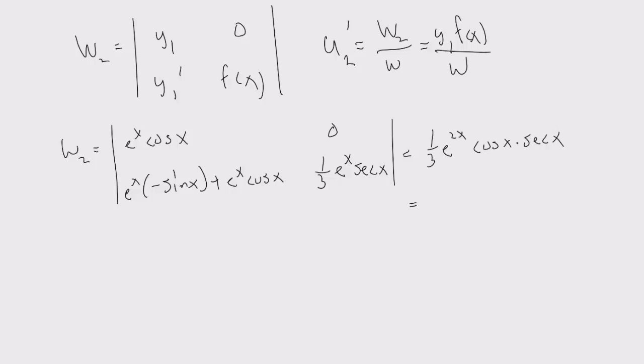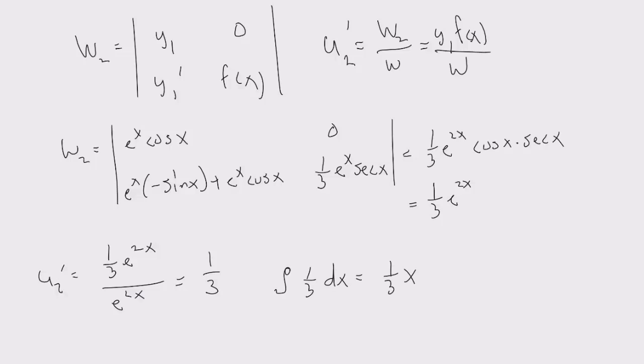And we just had that reminder that secant x is 1 over cosine, so that is just going to give us 1/3 e to the 2x. So I want to take that 1/3 e to the 2x, divide that by e to the 2x, and that's just going to give me 1/3. And I'll integrate 1/3 dx, and so that's just 1/3 x.